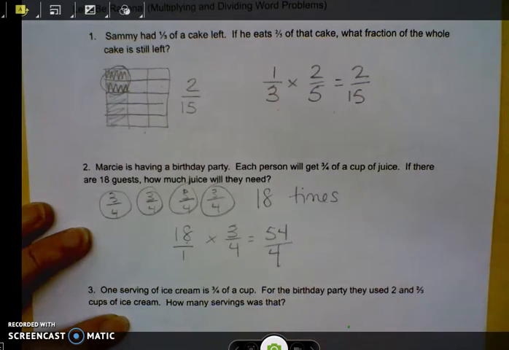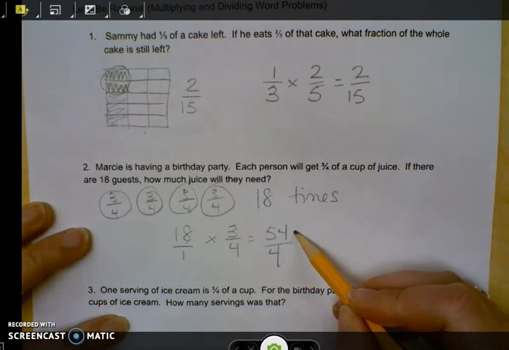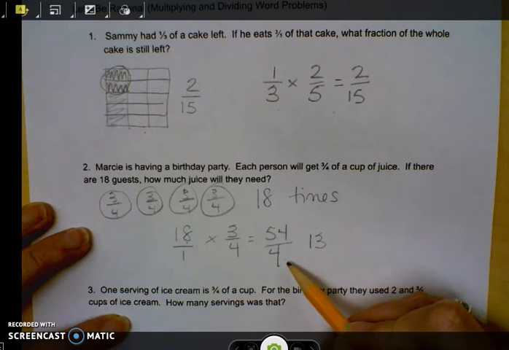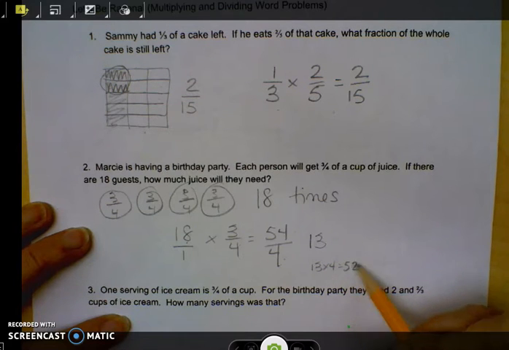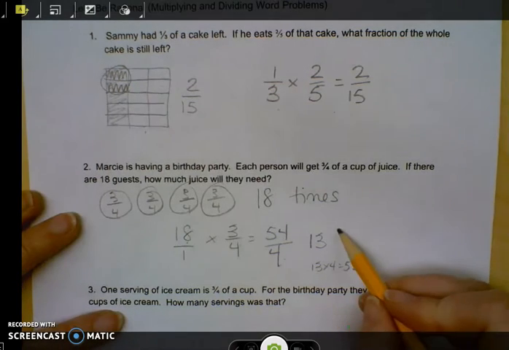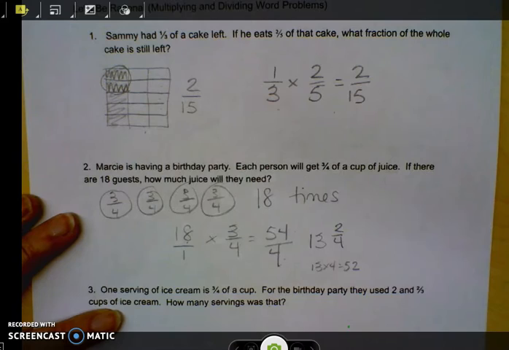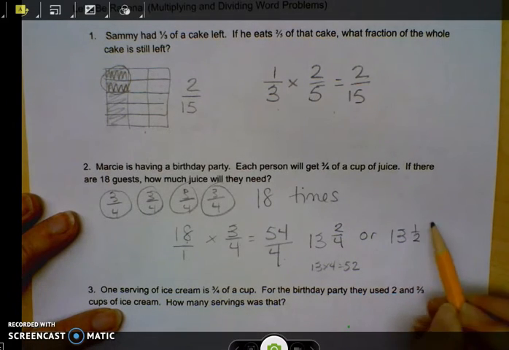If you turn that into a mixed number, 4 goes into 54 13 times, because 13 times 4 is 52, with 2 left over, 52, 53, 54. So with remainder of 2/4, or you can say 13 and a half.